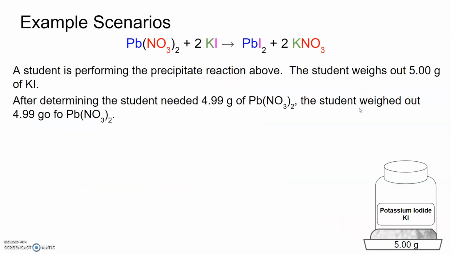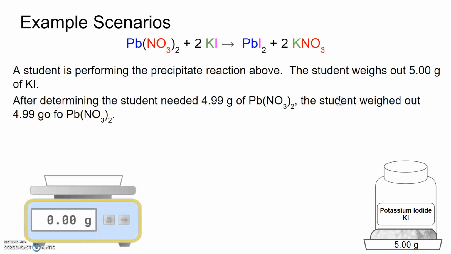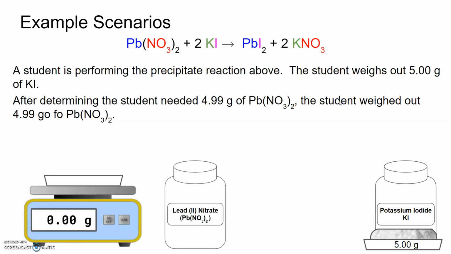All right, let's look at one last example problem. So the student is performing that precipitate reaction. They weighed out the 5 grams of KI, and they also determined, as you saw in the previous step, they need 4.99 grams of Pb(NO3)2, and they weighed that out. So they've got their Pb(NO3)2, they weighed out 4.99 grams.